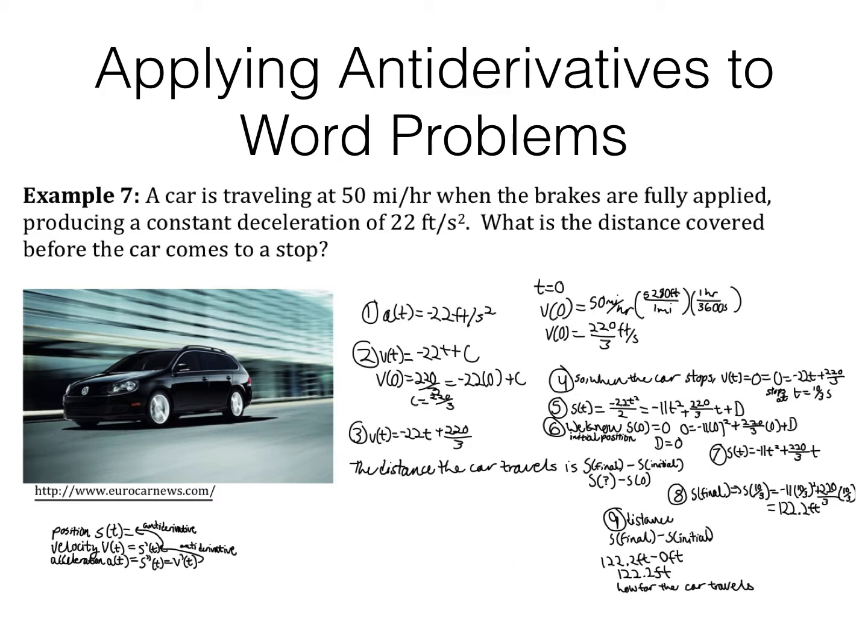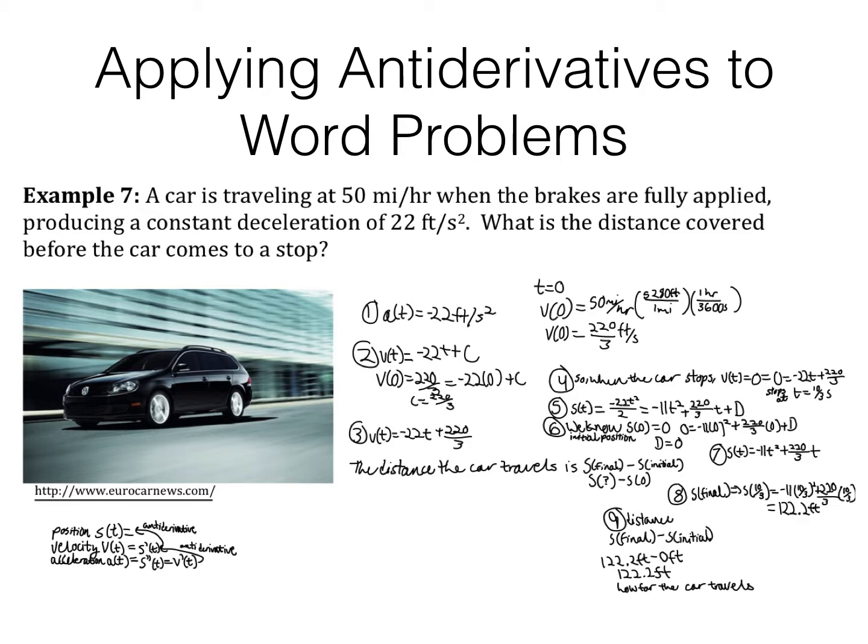We're left with v of t equals negative 22t plus 220 over 3. In the fourth step, when a car stops, v of t equals 0. So 0 equals negative 22t plus 220 over 3, and it stops at t equals 10 over 3 seconds.